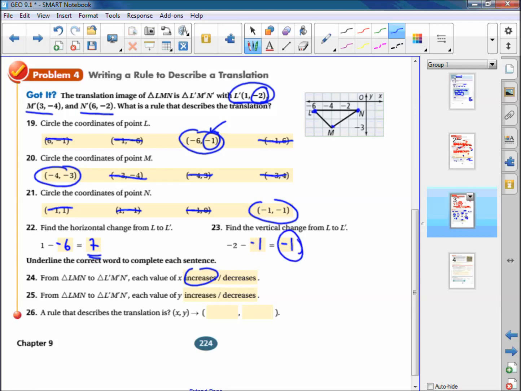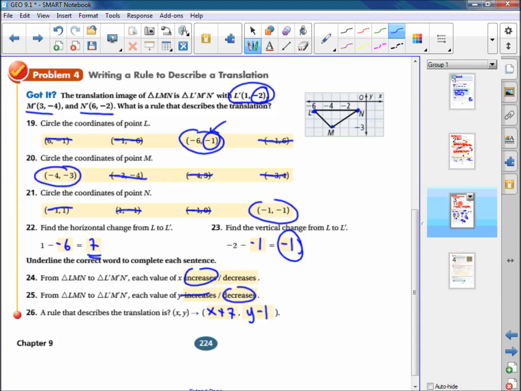It went down 1. Okay. So our formula here is going to be take the old X, the pre-image, add 7 to get the image, and take the old Y coordinate and subtract 1 to get the new image's Y coordinate, so Y minus 1.